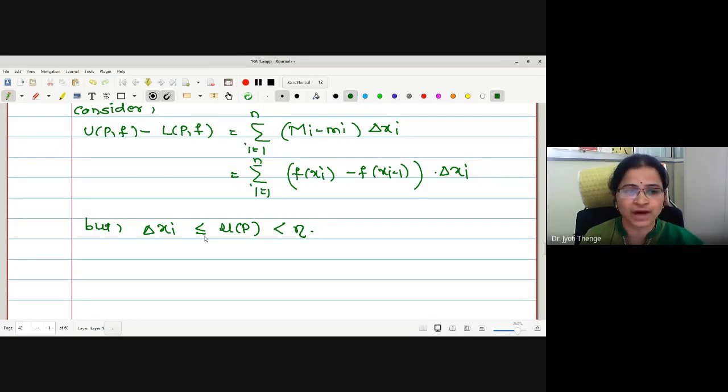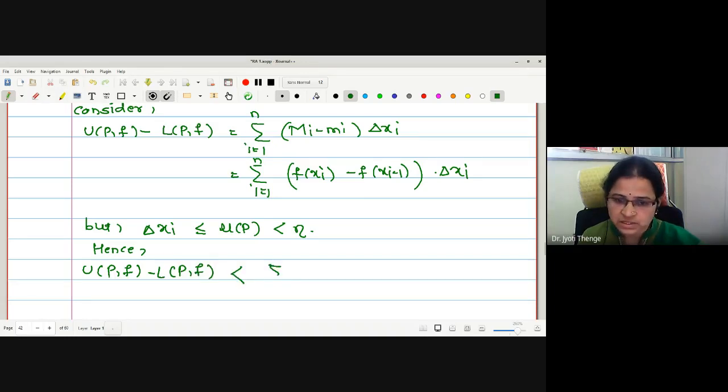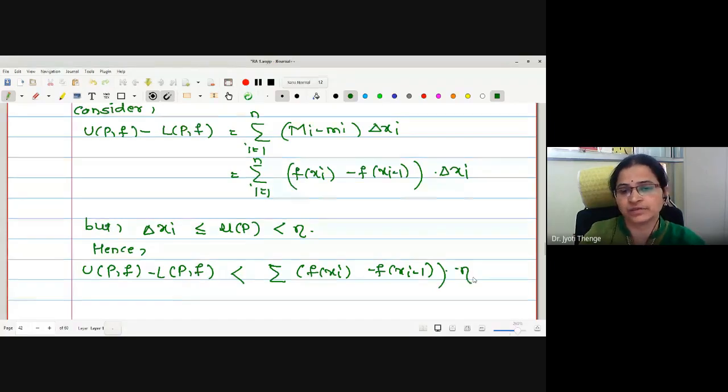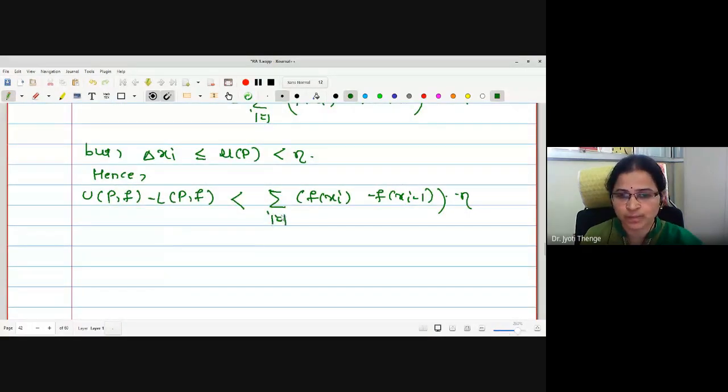Okay, let me put the value in the above equation. Thus, UPF minus LPF. Now may I write strictly less than the summation of f of xi minus f of xi minus 1 into eta. Eta is independent of i. We can take it outside the sum and just run the sum over i.